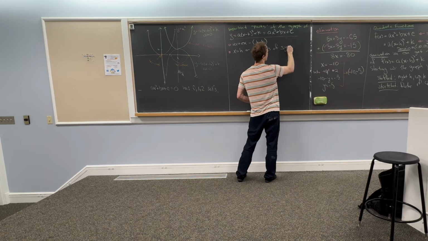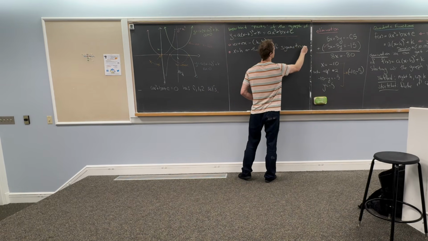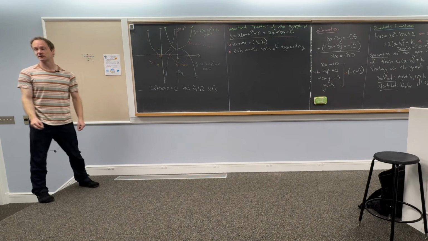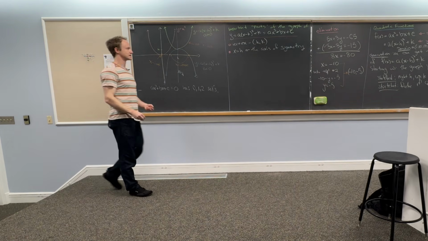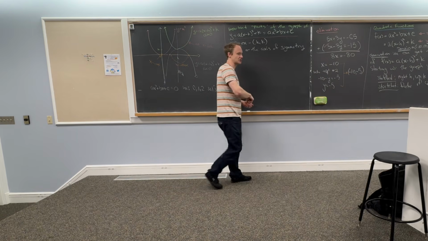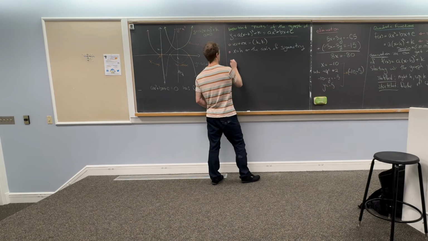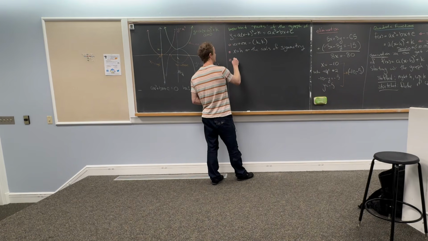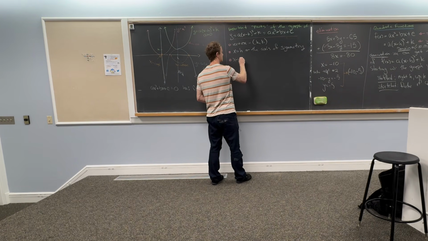I mean, it's kind of aptly named, right? Because it's the axis for which the graph is symmetric. So x equals h is the axis of symmetry. Then let's see. And other important things would be the x-intercepts.